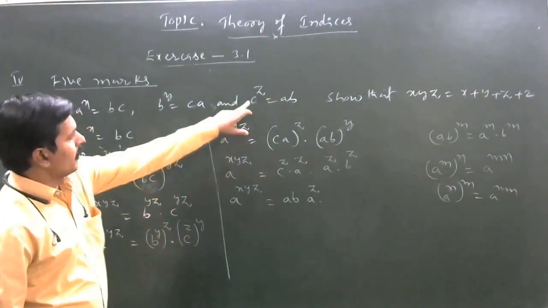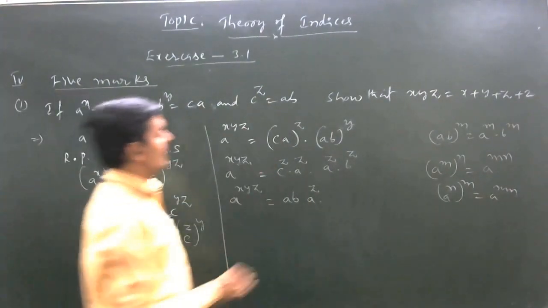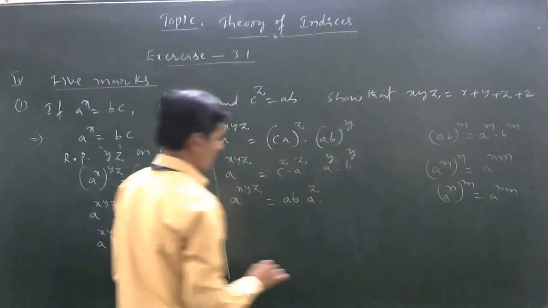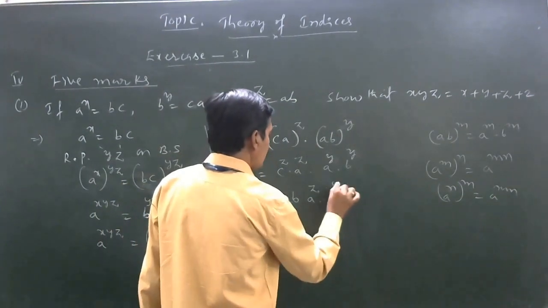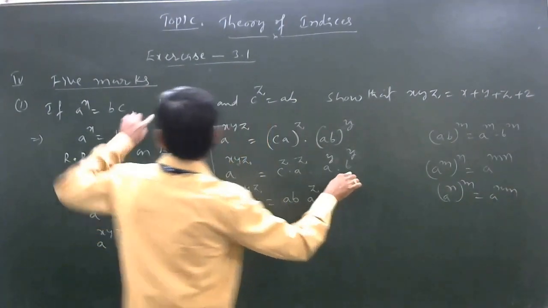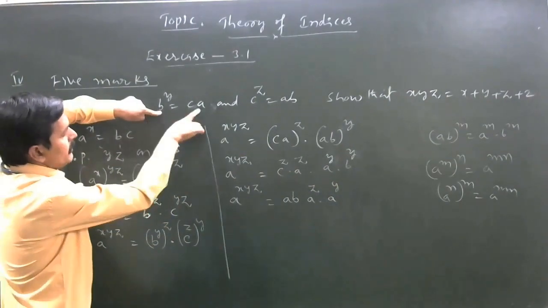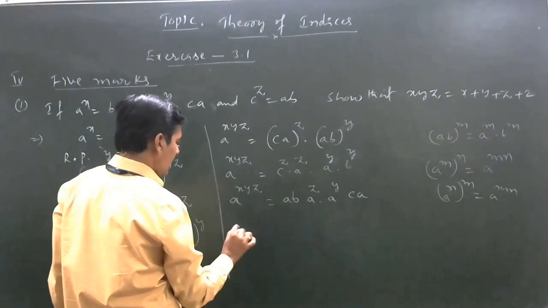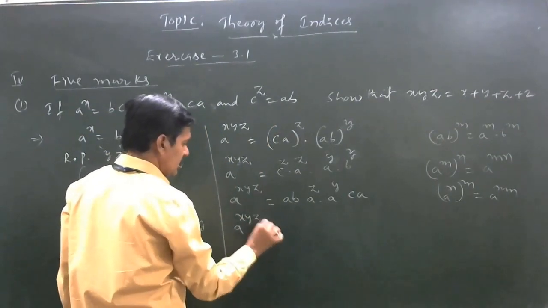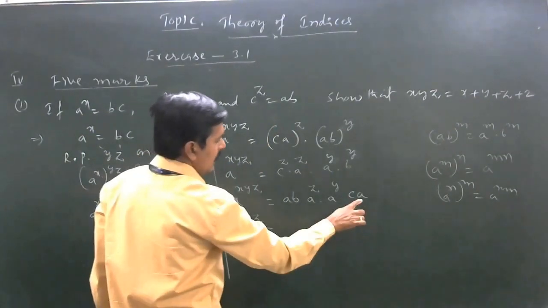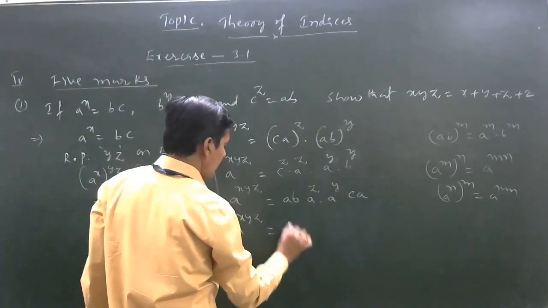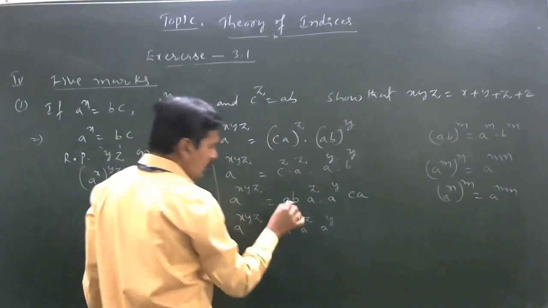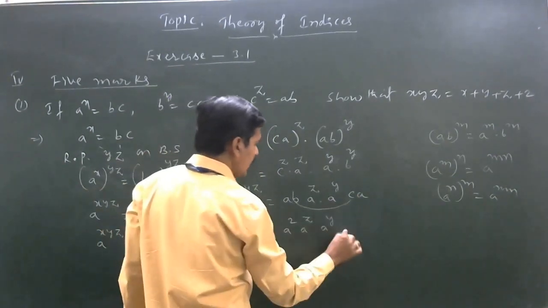Here c power z is ab whole power y. Here is a power y and b power y. Here a power y. Next again, what about the b power y value? b power y is ca. Next, here a power xyz is equal to a. Here a is there. A into a square. Next, a power z and a power y. What about the remaining values? bc.